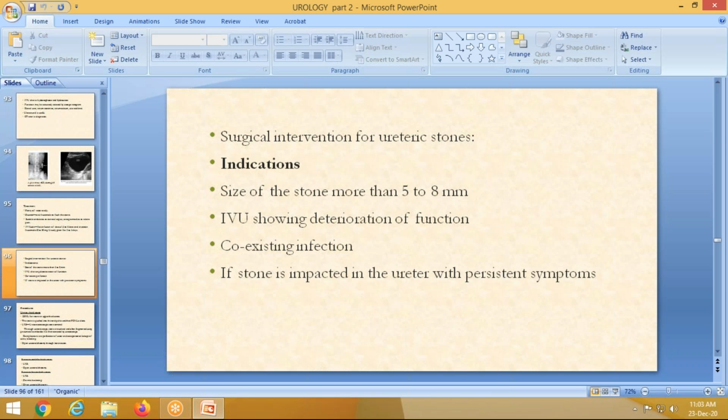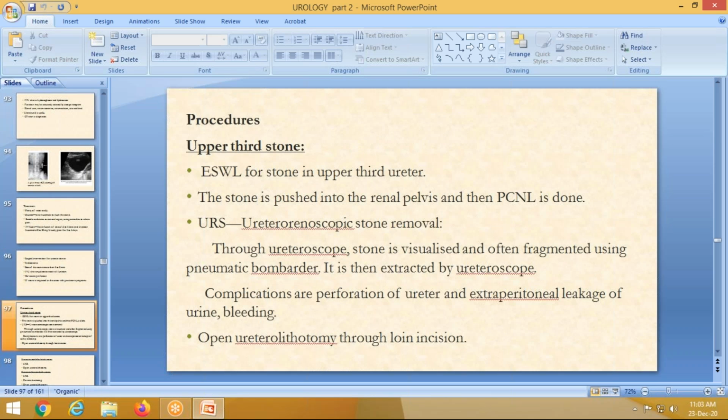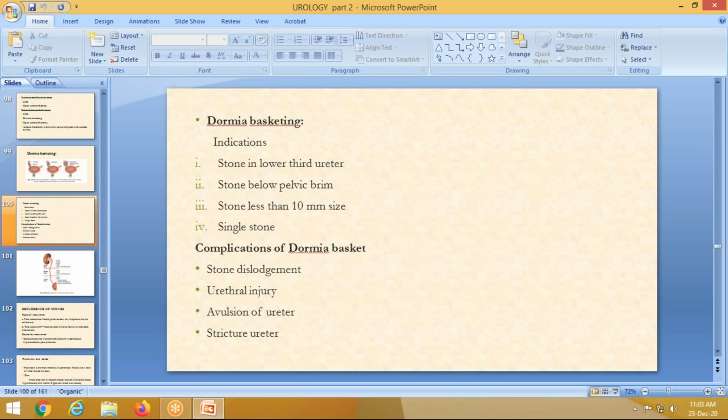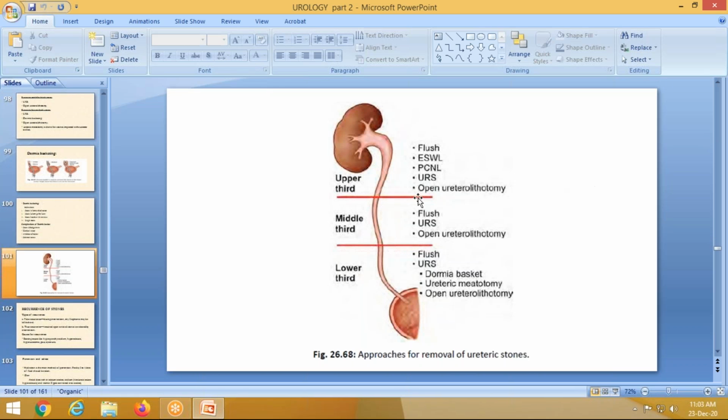The surgical intervention is needed depending upon the location of the ureteric stone. You know the ureter is divided into 3 parts: upper part, middle part, and lower part. I will show you in the diagram. This is the upper part, this is the middle part, and this is the lower part.